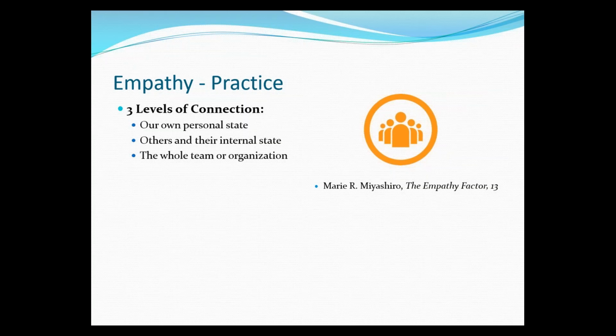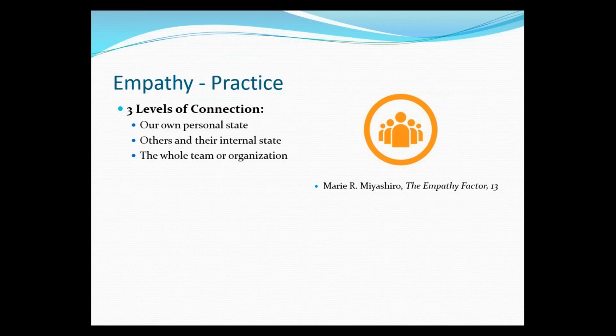So the first connection is to your own personal state, and then it's moving to an awareness of others and their internal state as they come to the meeting, and perhaps having them check in. You might have heard of the practice of check in and check out at meetings. This is a good way to gauge that.